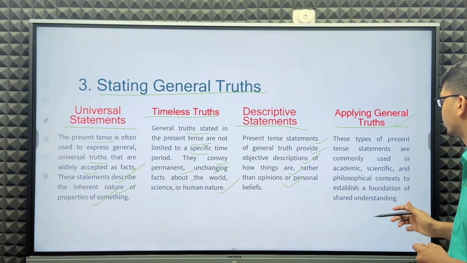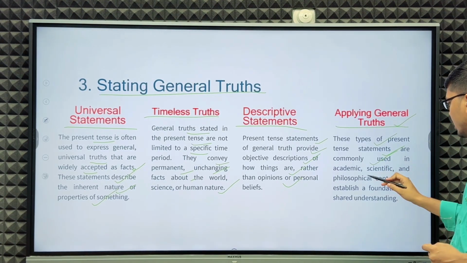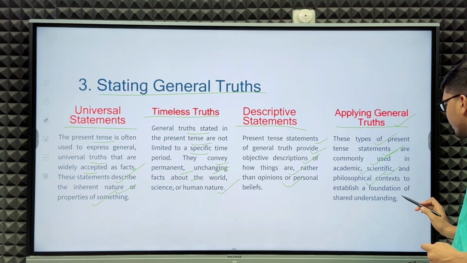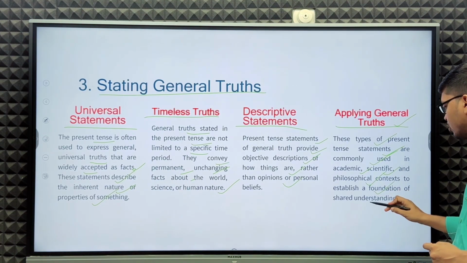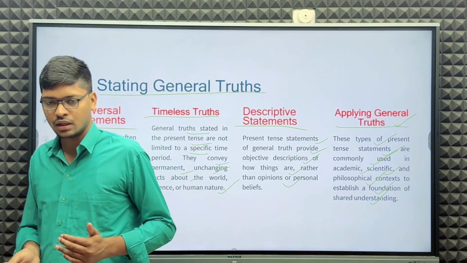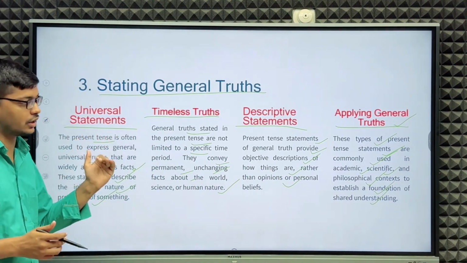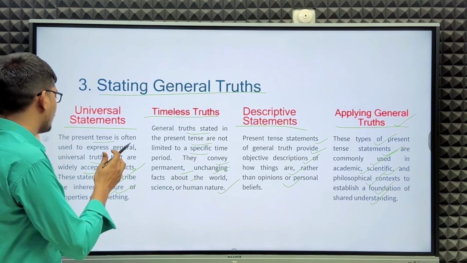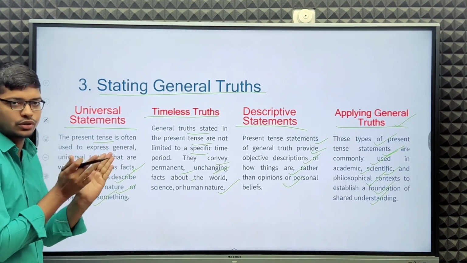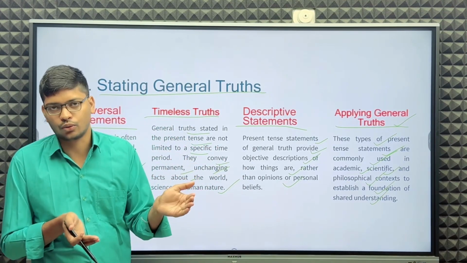Applying general truths: these types of present tense statements are commonly used in academic, scientific, and philosophical contexts to establish a foundation of shared understanding. So they are all types of general truths. If you find these types of situations, you have to use the simple present tense rules.